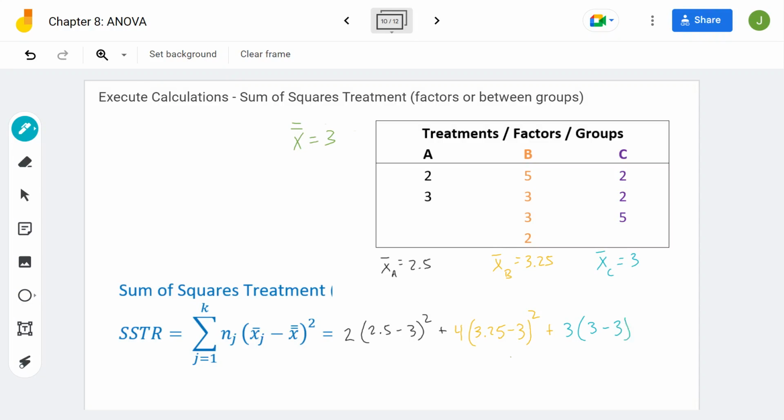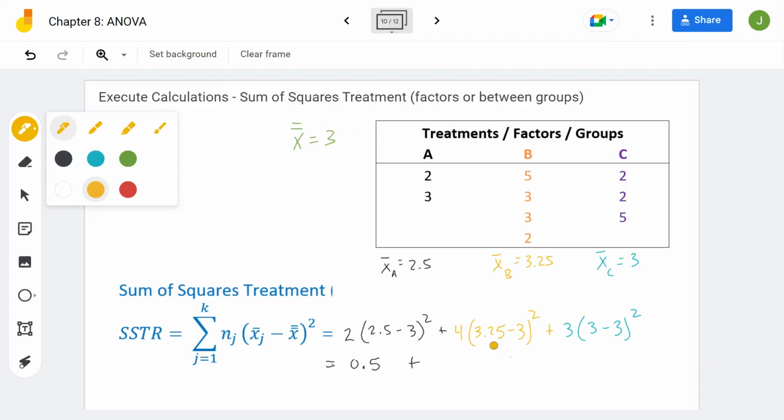2.5 minus 3 is going to be negative 0.5, and when I square negative 0.5, that's going to be positive 0.25, and when I double that, that's going to be 0.5. And then 3.25 minus 3 is going to be 0.25.